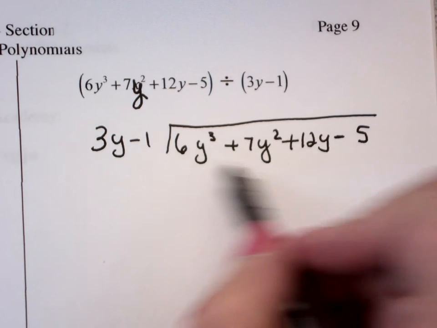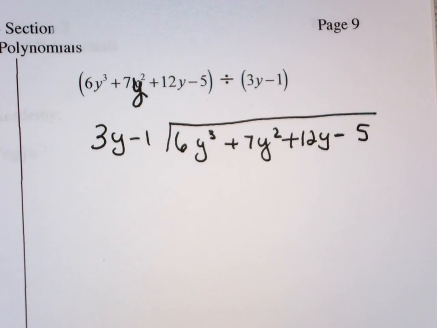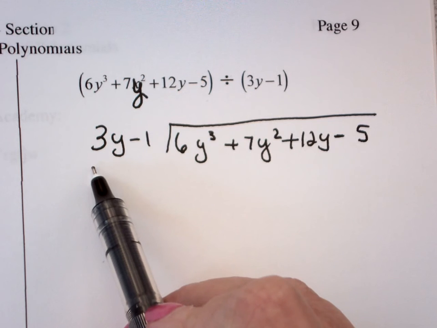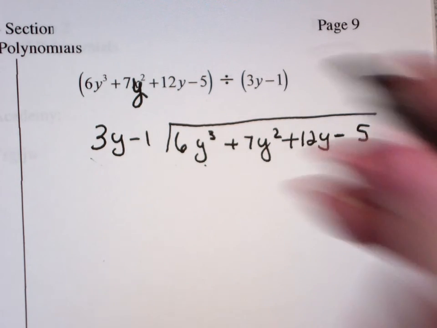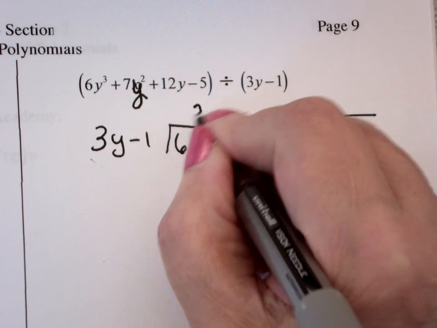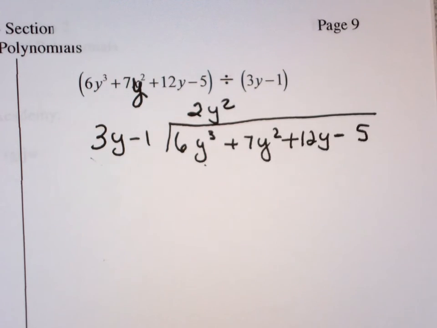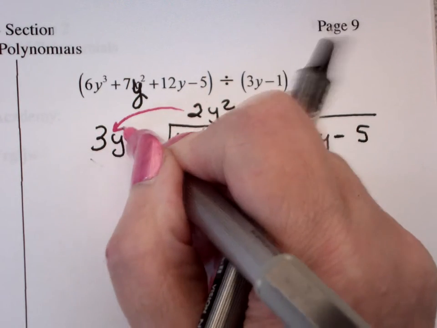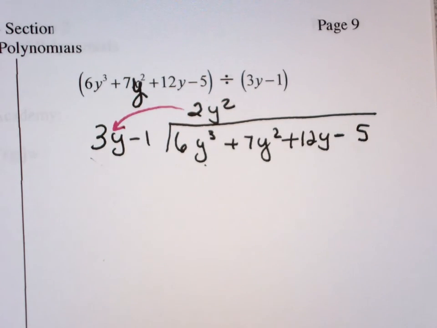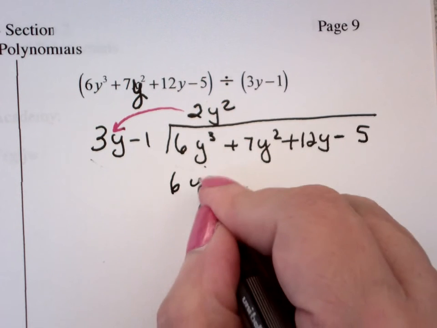So as I look at this, I say, okay, what do I multiply 3y by to get 6y cubed? You would say a 2 and a y squared. 2y squared times 3y is 6y cubed.